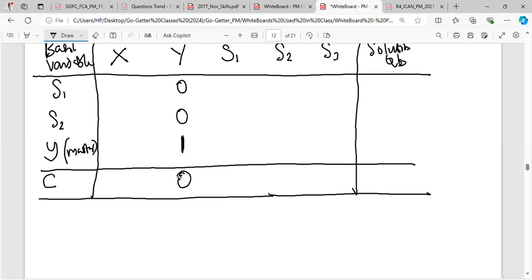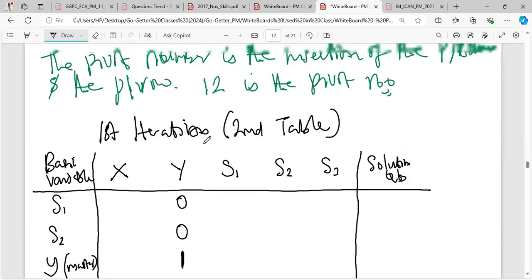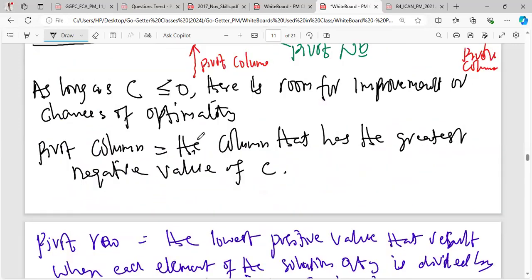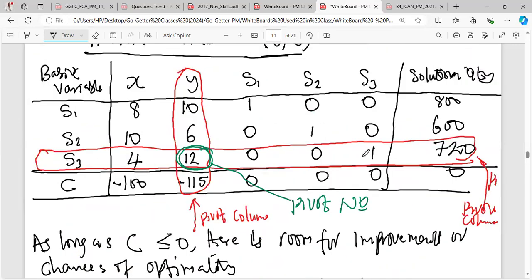The question is, how can we make Y to be 1 here? What we simply do is we divide everything in this row by this pivot number.